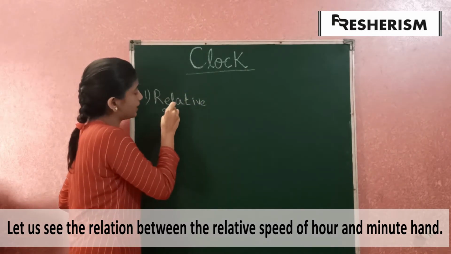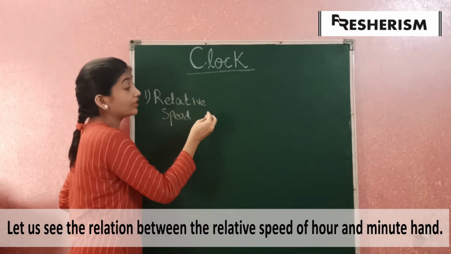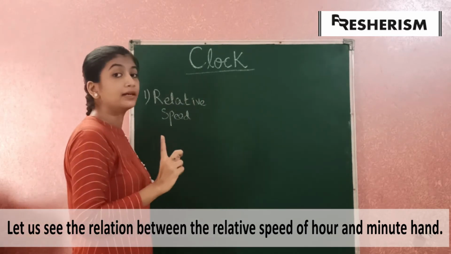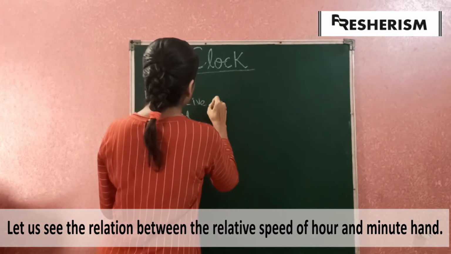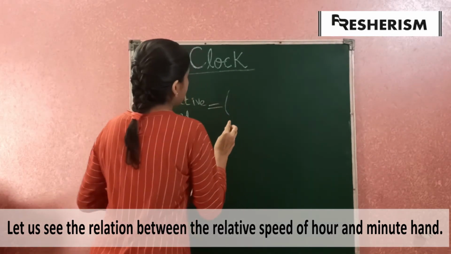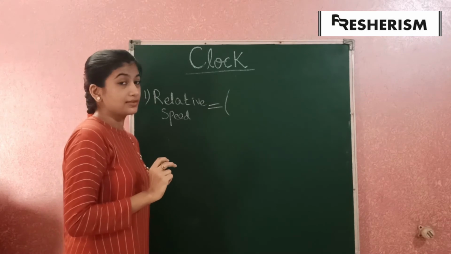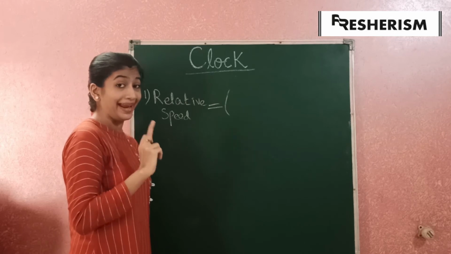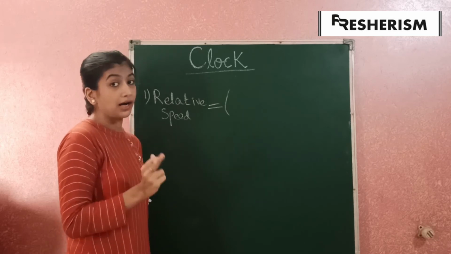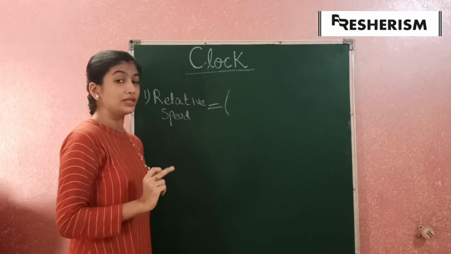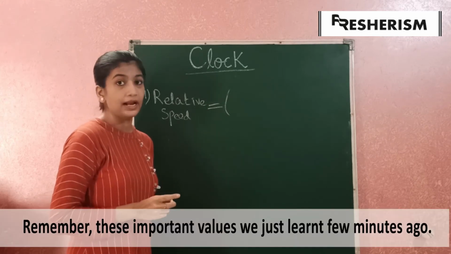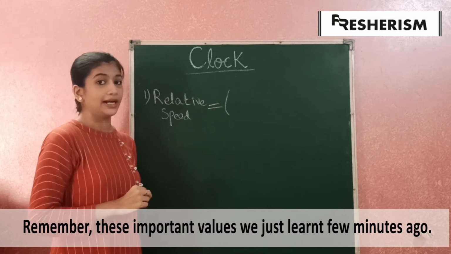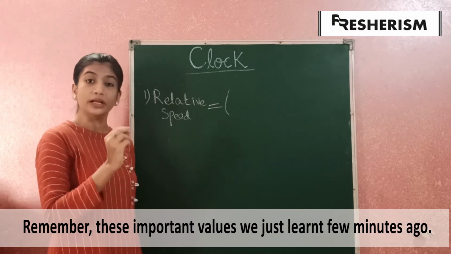Relative speed between the hour hand and the minute hand is equal to, I hope you remember the degrees. For the hour hand, it was half a degree per minute and 30 degrees per hour. But for the minute hand, it was 6 degrees per minute.